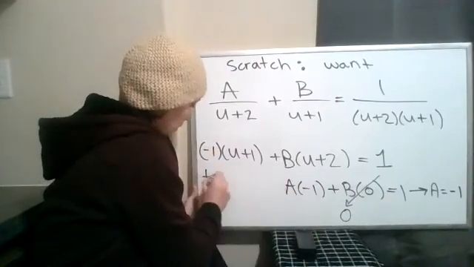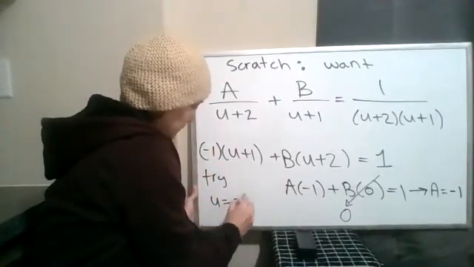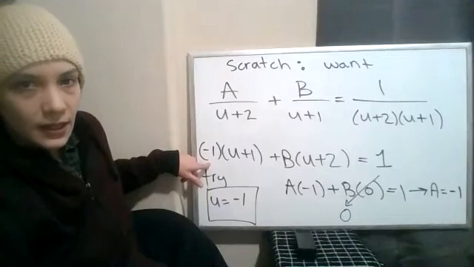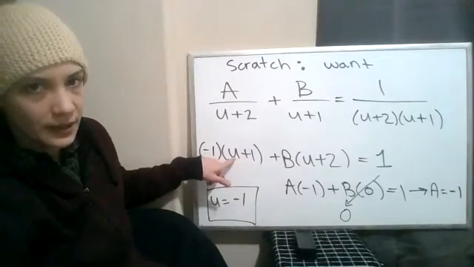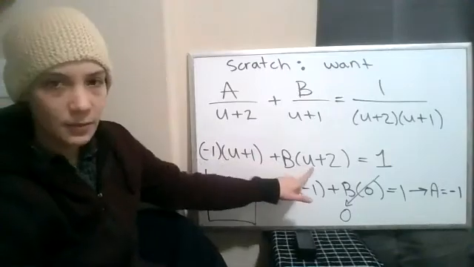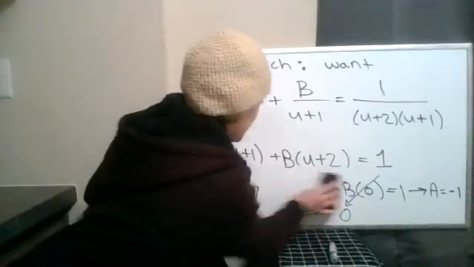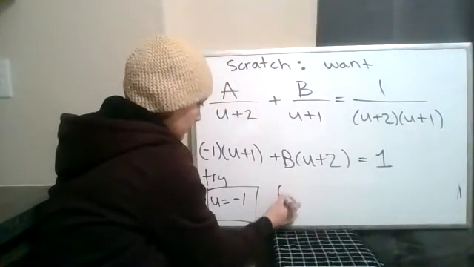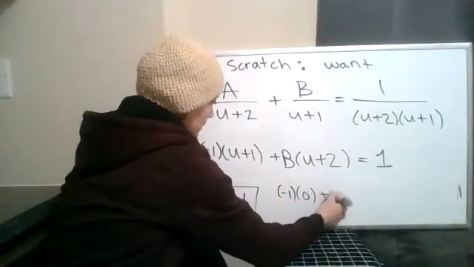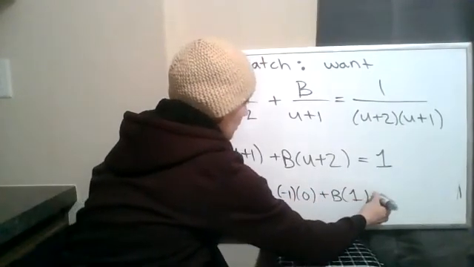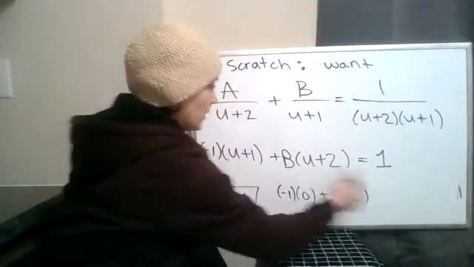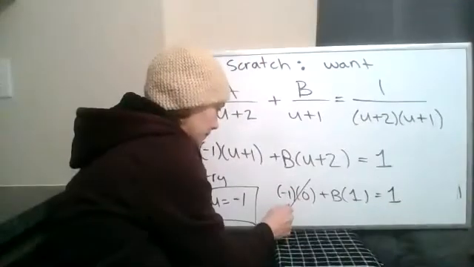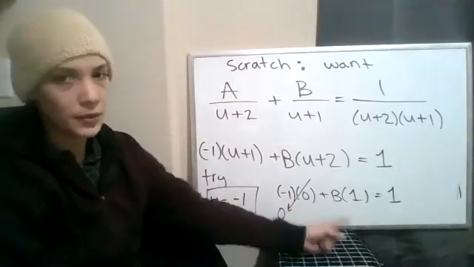It's going to be 0 when you put a -1 right here. 0 plus b times 1 equal to 1, since -1 plus 2 is 1. So b is equal to 1.